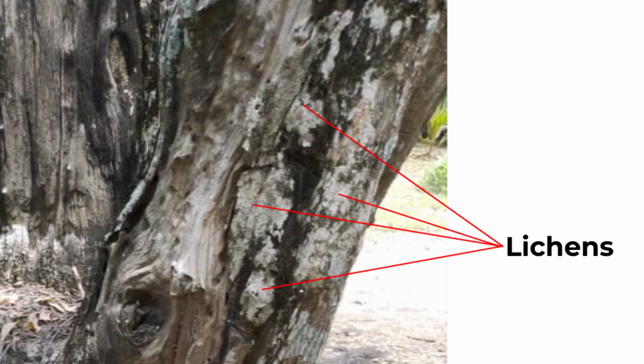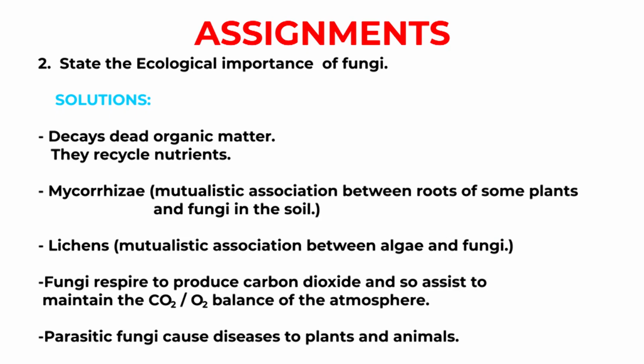They grow on the back of the wood. They are very hardy structures. They help in the conservation of water for the plants. They also are hardy. They allow tiny organisms to live inside them, protect them. So lichens are mutualistic association between algae and fungi.